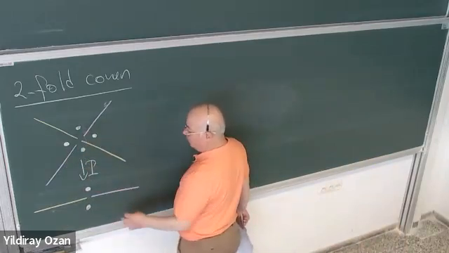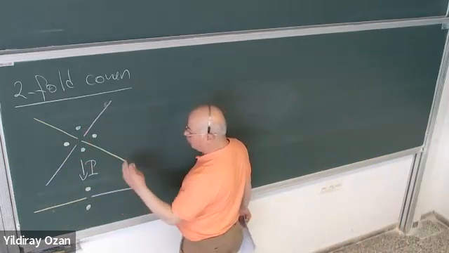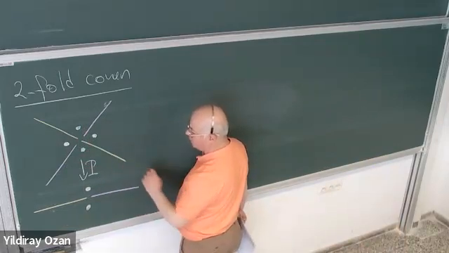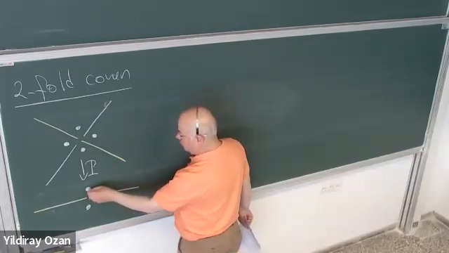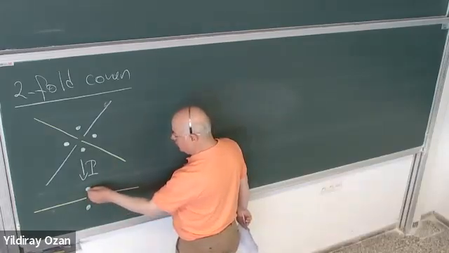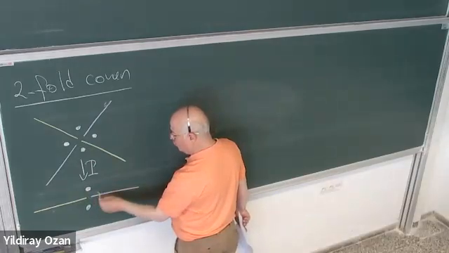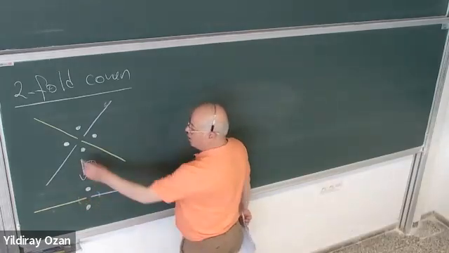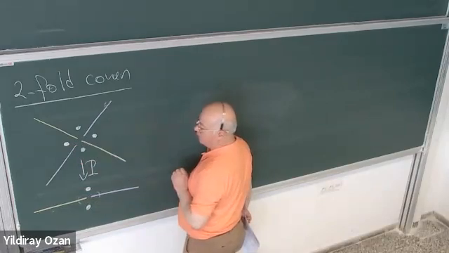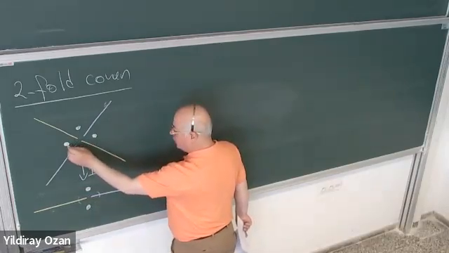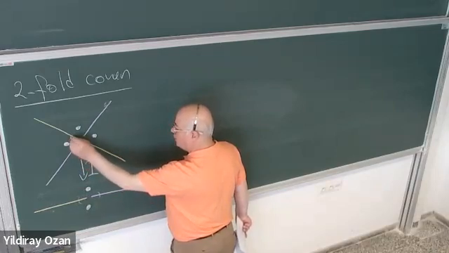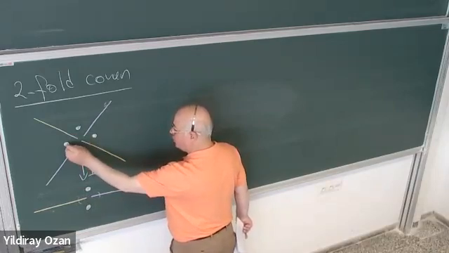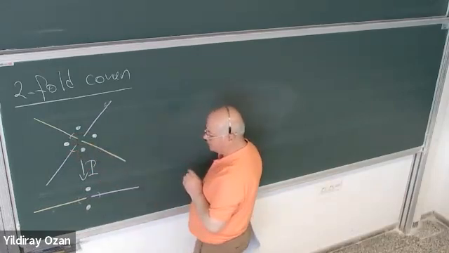And I have to describe the topology. What are the neighborhoods of every point? The neighborhood of this point is this point plus two intervals like this. The neighborhood of this point is this point plus two intervals in the neighboring line segment. So it is a line segment like this and a line segment like this.